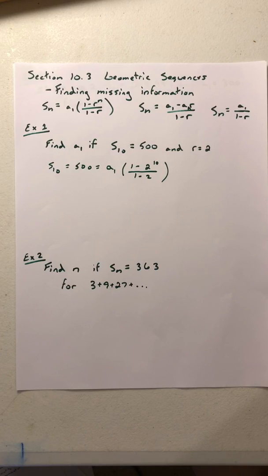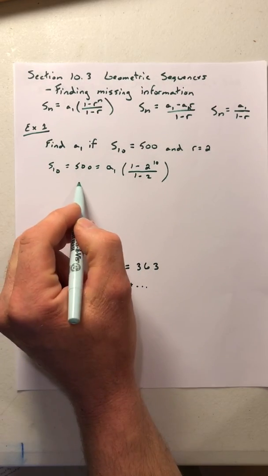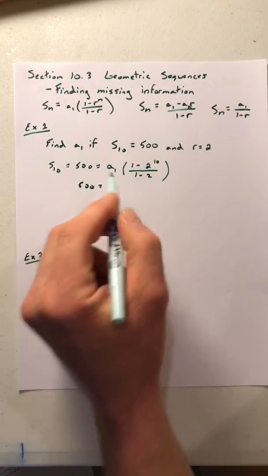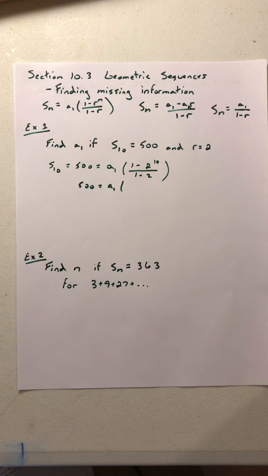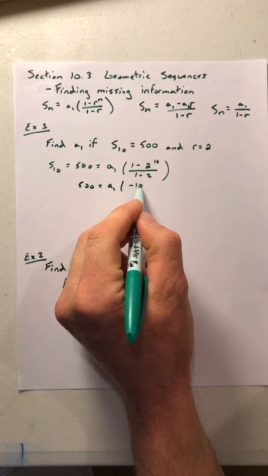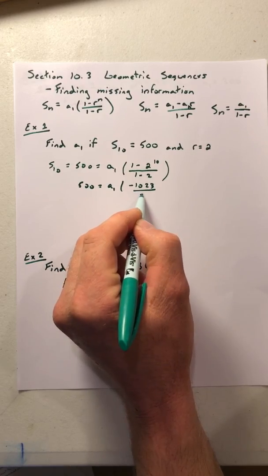Now if I solve that equation for a sub 1, I've found my answer. Simplifying, we have 1 minus 2 to the 10th. I don't know what 2 to the 10th is, so I'm going to throw that in my calculator. And 1 minus 2 to the 10th gives us negative 1,023.